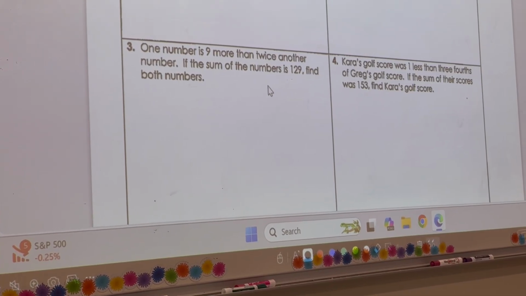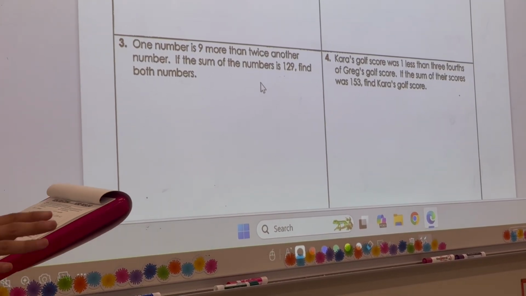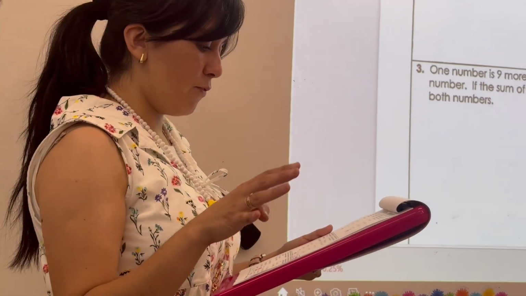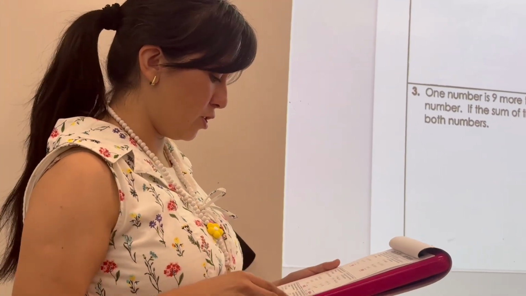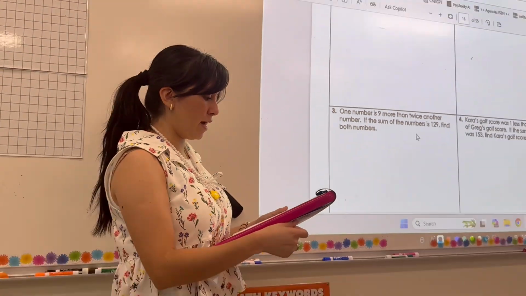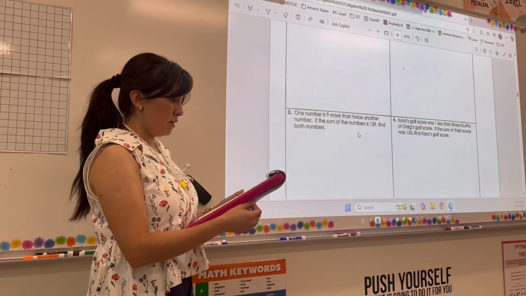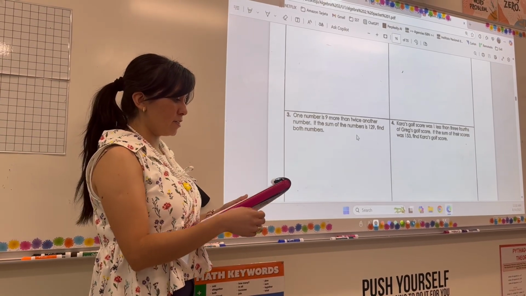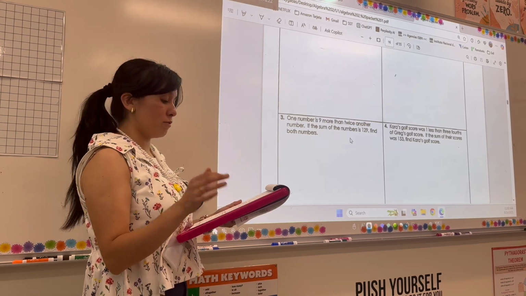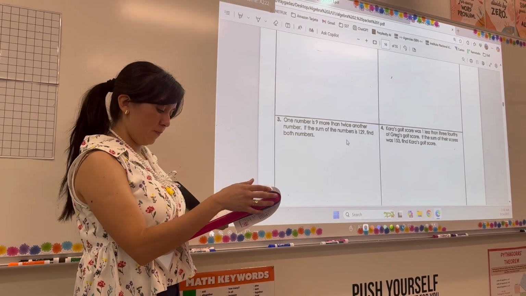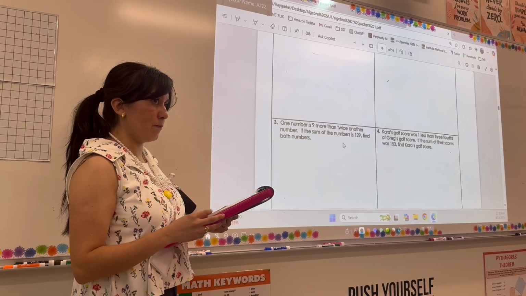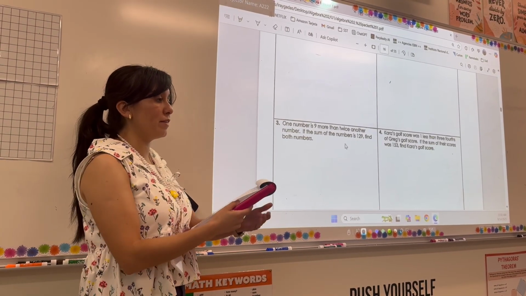The first 3 word problems are about numbers, then 4 is about a general situation, then 5, 6, 7, and 9 are about geometry, then 8 is again about general stuff, and 10, 11, and 12 are about consecutive numbers and integers and things like that. So which ones do you think we need to solve together? Which ones do you feel are the hardest there?